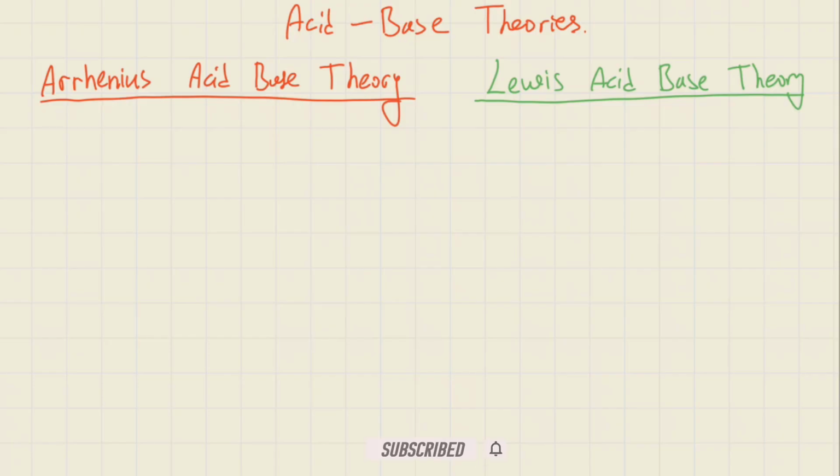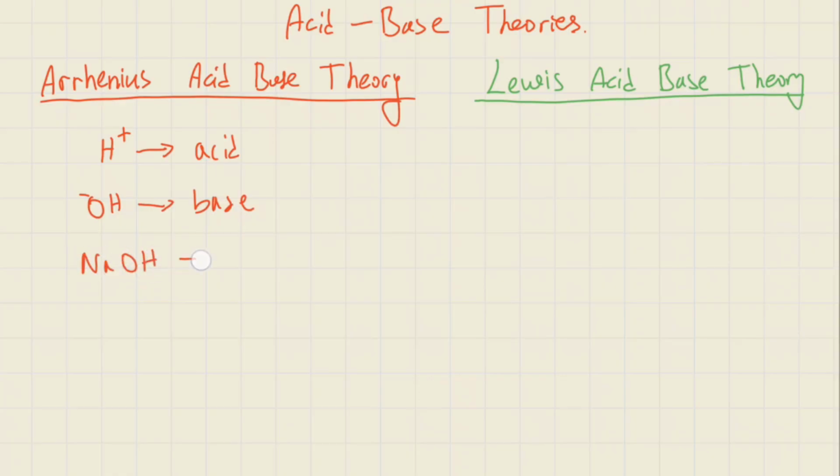Arrhenius acid-base theory is very simple. If something ionizes and gives proton, then it is an acid. And if the material gives the OH ions, if it ionizes, then it's called a base. So the most simple example is sodium hydroxide.